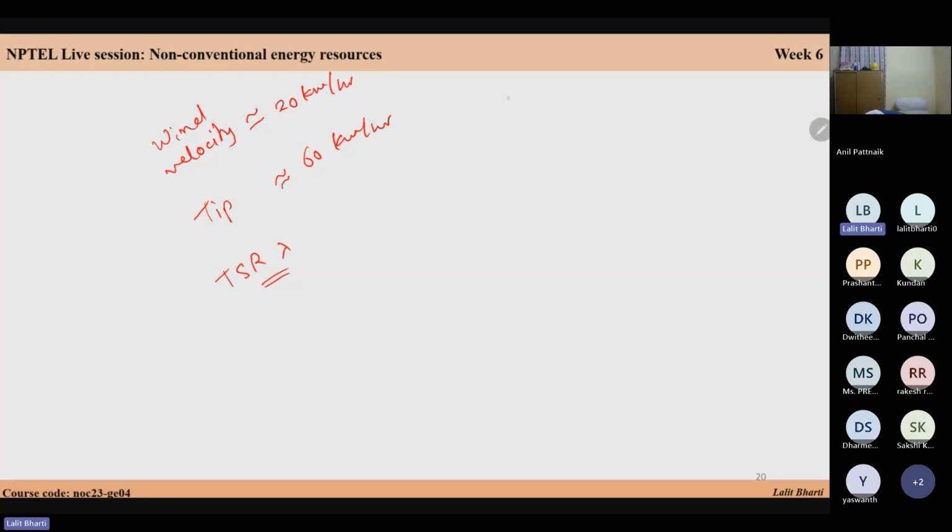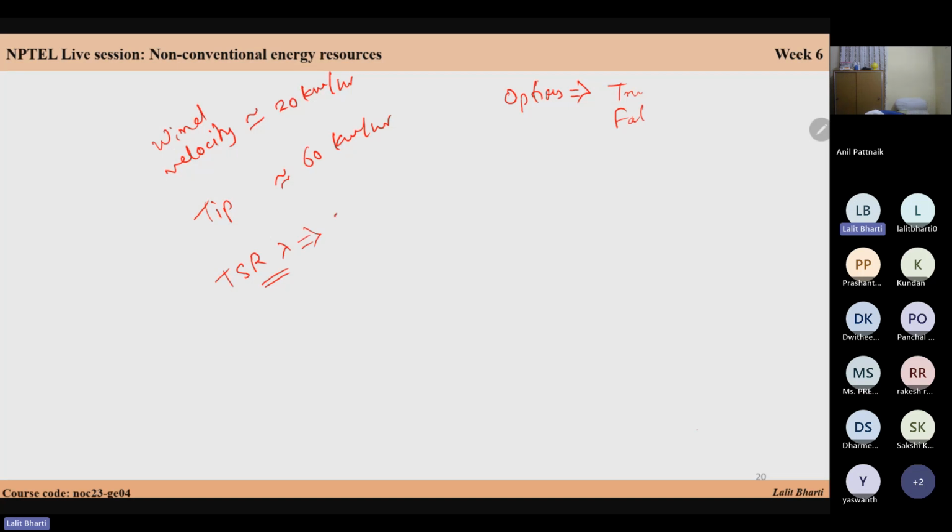No, sir. The options are only true or false. The question is that if the wind velocity is 20 kilometer per hour, then the tip velocity can be 60 kilometer per hour. True or false? Okay, so for that, you need to see what your TSR or lambda will be.